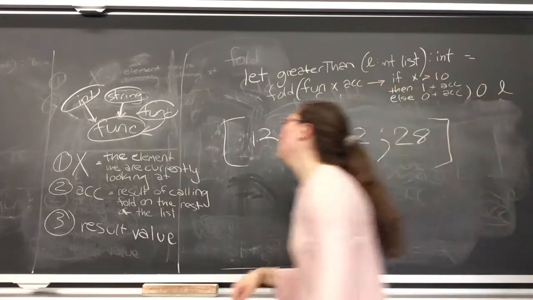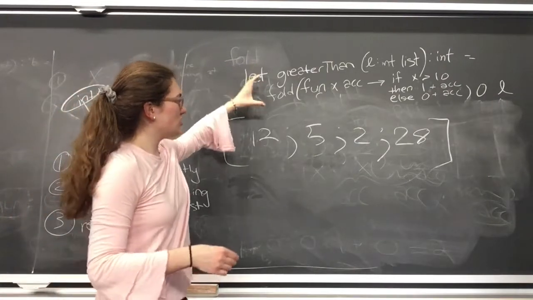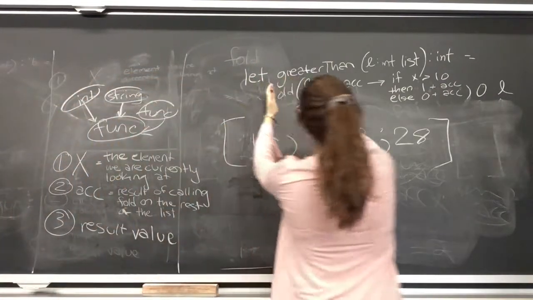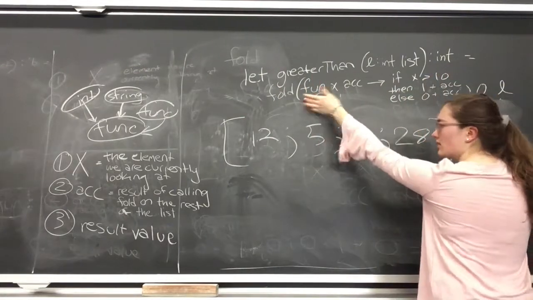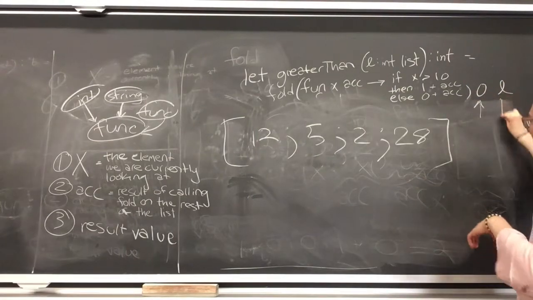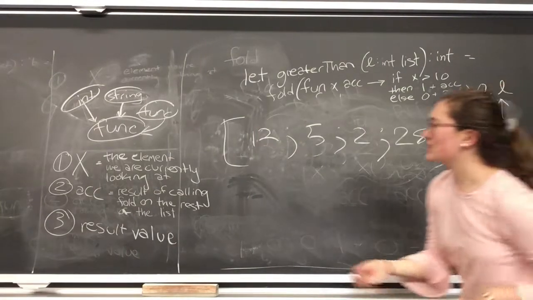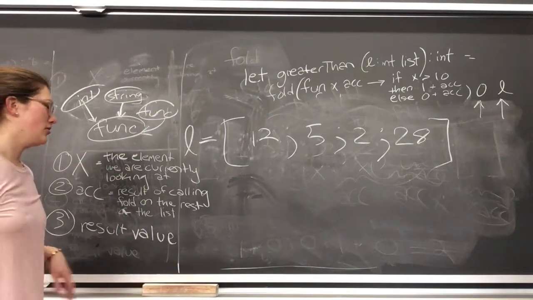So we're going to go through, and we see the function greater than is just a call to fold. And we have our three arguments. We have our function, the function we're taking in, the base case, 0, and the list that we're taking in. And we're going to pretend that L is this list, okay? So let's start off going through fold.